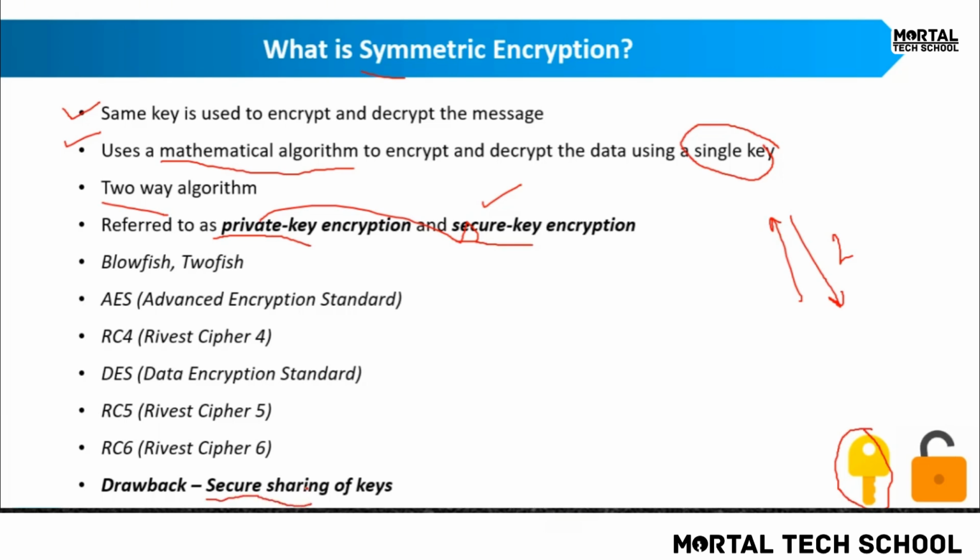How are you going to exactly share those keys? Even if you share a key over email, you have to keep that key confidential, so again you have to encrypt that key. If you're using symmetric encryption again and again, the keys need to be shared. So secure sharing of keys is a tough problem.